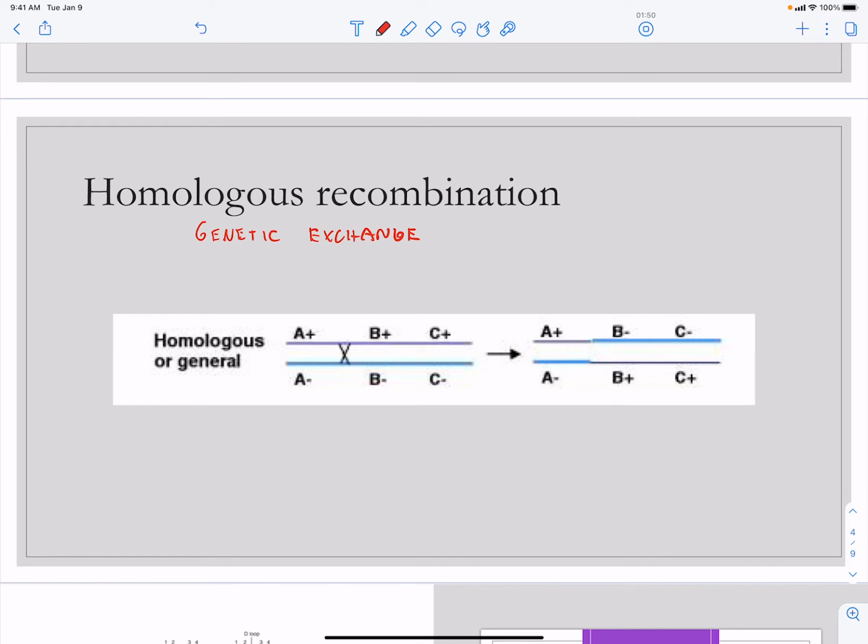It occurs frequently when the chromatids are paired during meiosis. Now, this does not occur during mitosis, when our somatic cells are dividing. This is our germline cells.